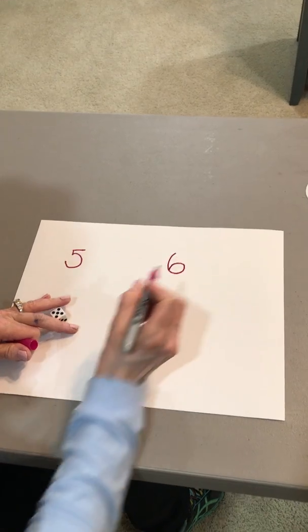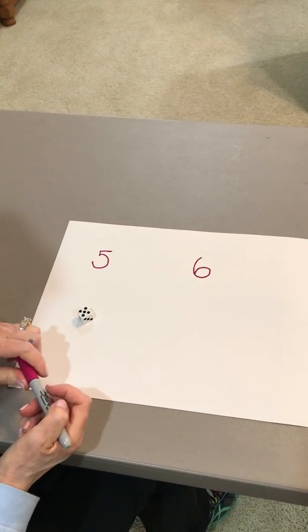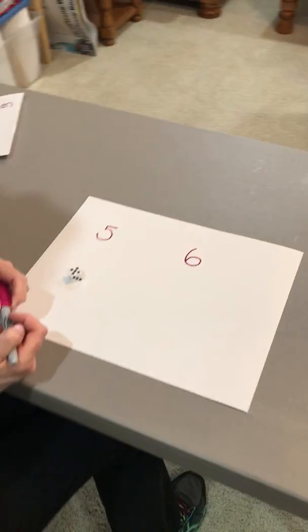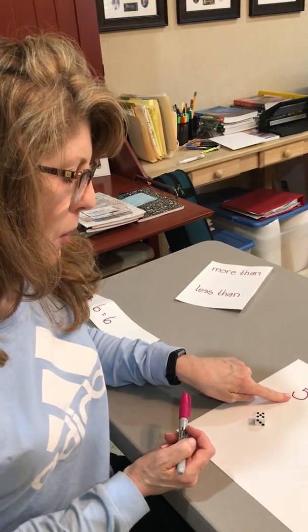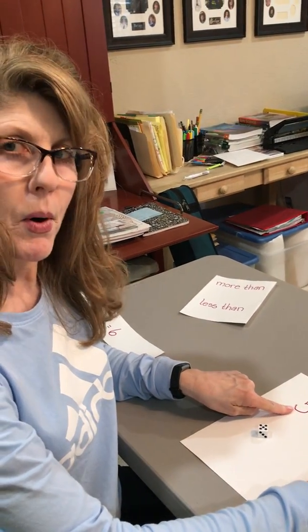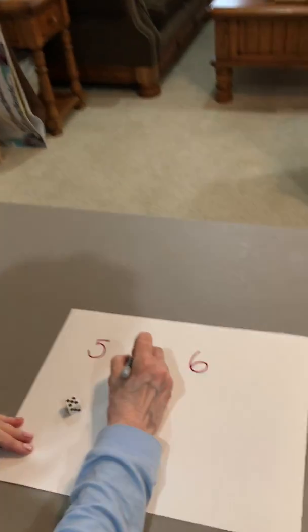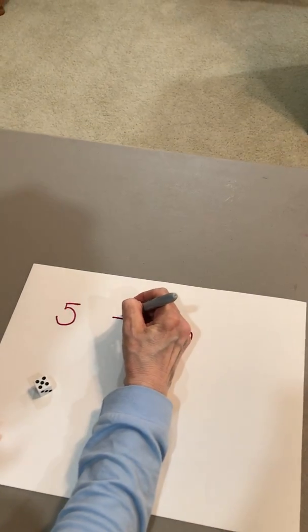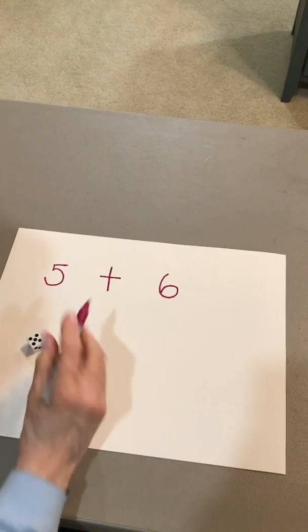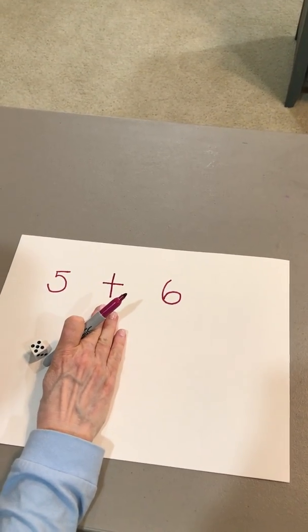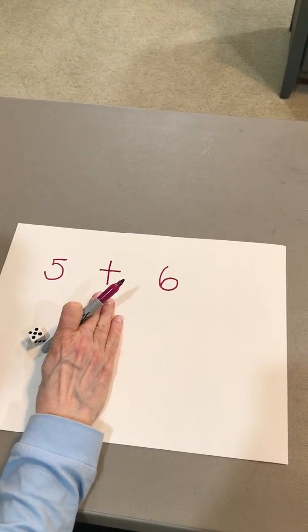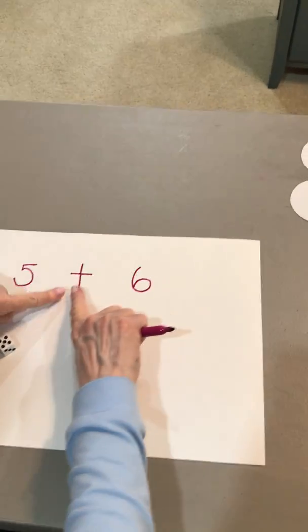Did you know that in math, there's a way that we can put this number with this number to make a whole new number? That's called addition. And here's the math sign for how we put numbers together. It looks like a cross sign, and we may think of Jesus, but it's actually how we put numbers together.